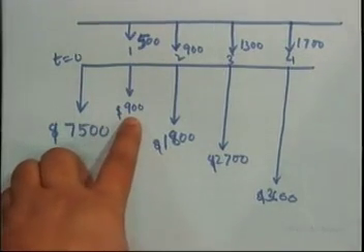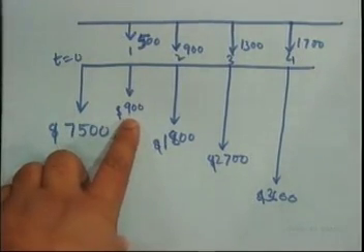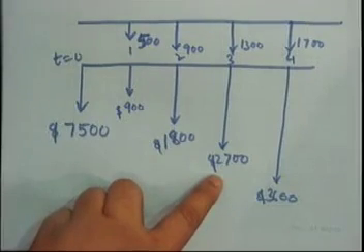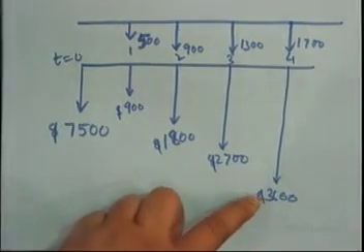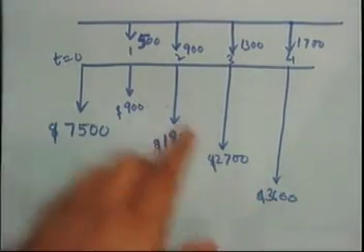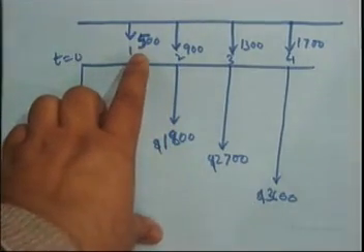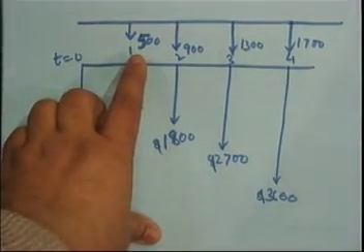This is your maintenance cost for year 1, $900. Next year it is $1,800. Next year it is $2,700. Next year it is $3,600. So, the gradient is $900.